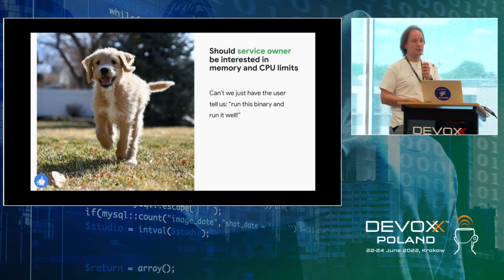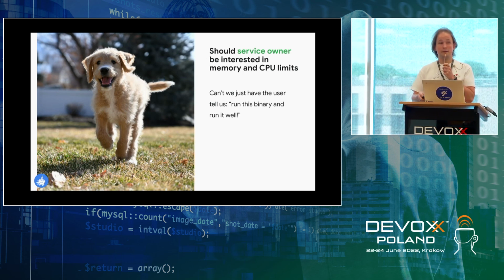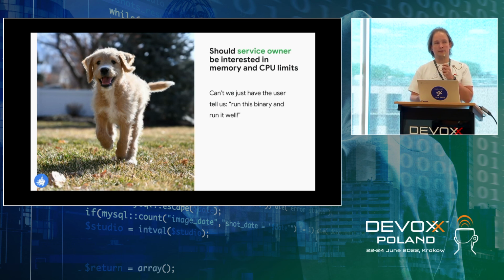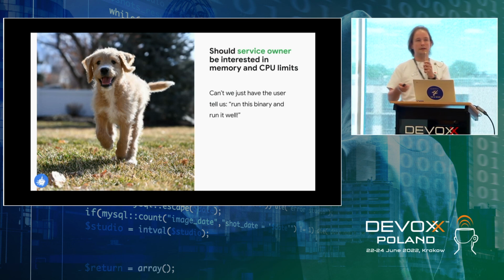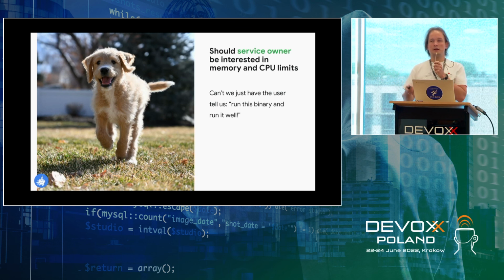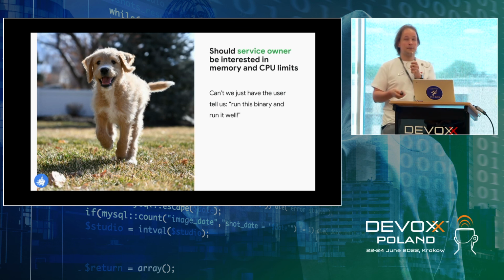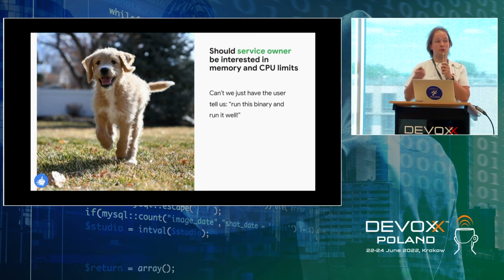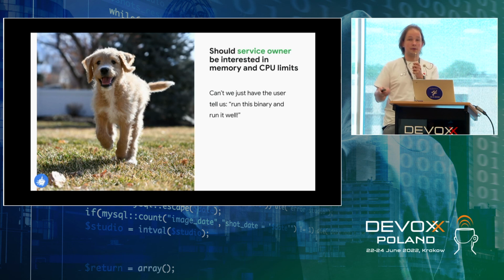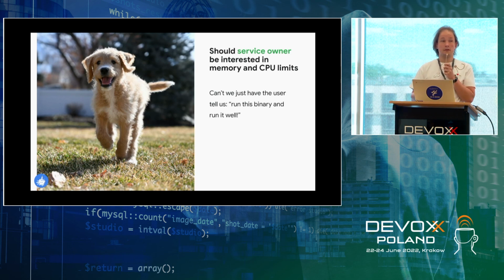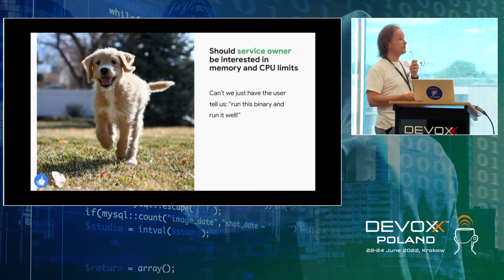Shouldn't they be able to just tell us, hey, here is my binary, run it well, and maybe alert me when I'm out of budget? This is the reality we probably would like to have at some point. Of course, limits bring those beautiful isolation guarantees that make sure that no job can hurt the whole of Google, so we need to reintroduce that.